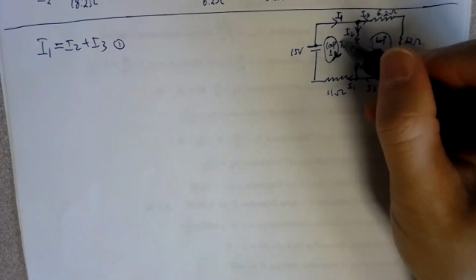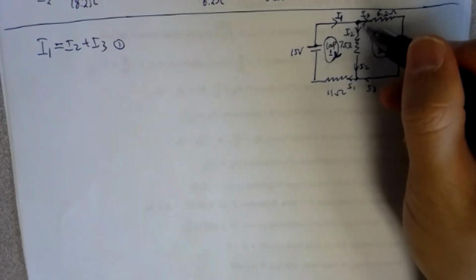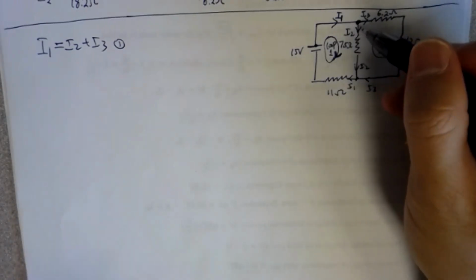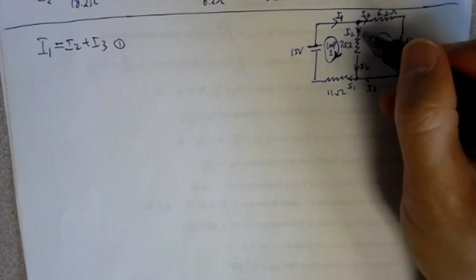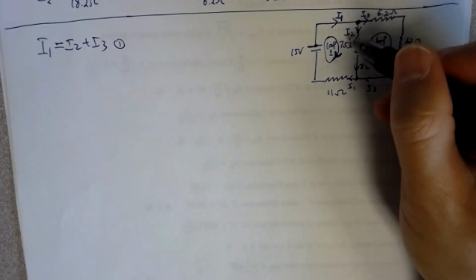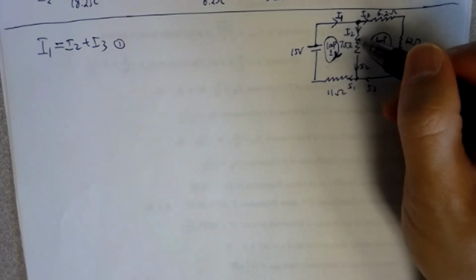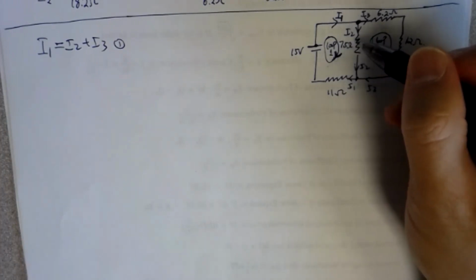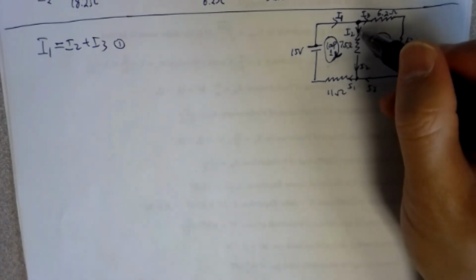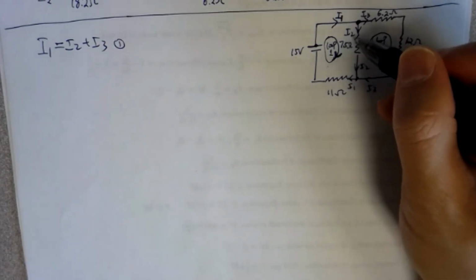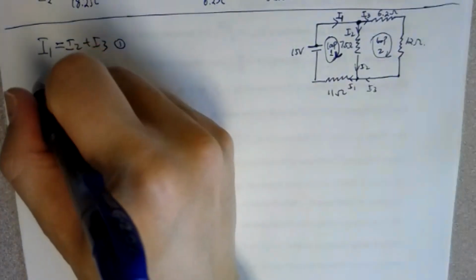So for this loop one, here are the things. If the direction of the current and the direction of the loop going through the same element are the same, you get potential drops, so that means minus.